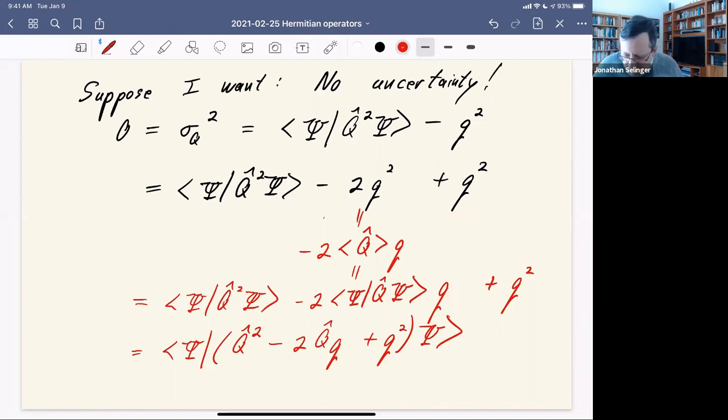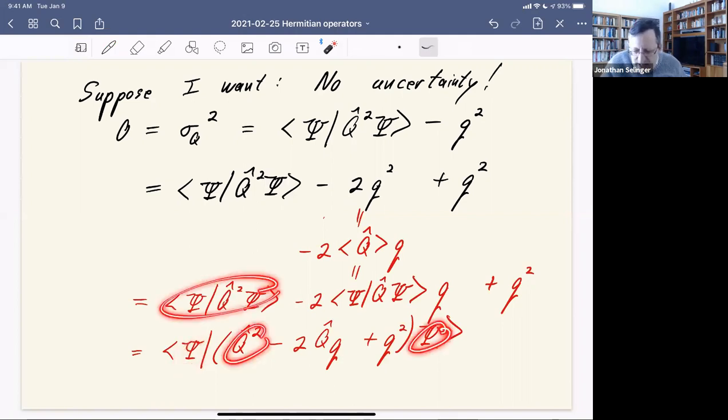Does this work for you guys? I mean, you can see how I get from one to the other, right? It's easier to see going backwards. The first term is psi inner product with q squared psi. Then the second term, we have constants, -2 and little q, times the inner product of psi with q psi.